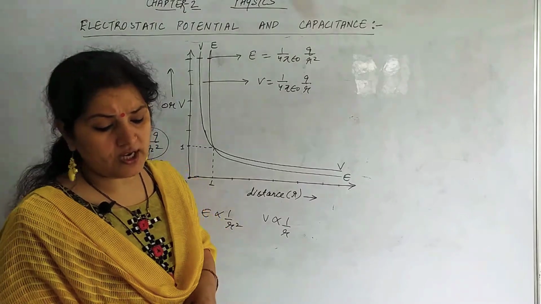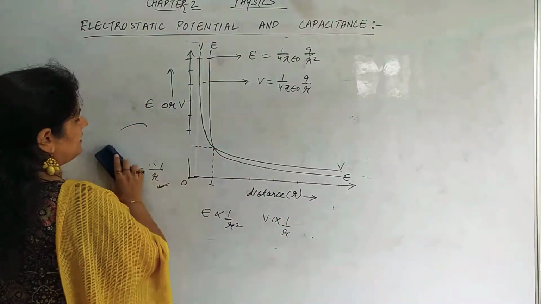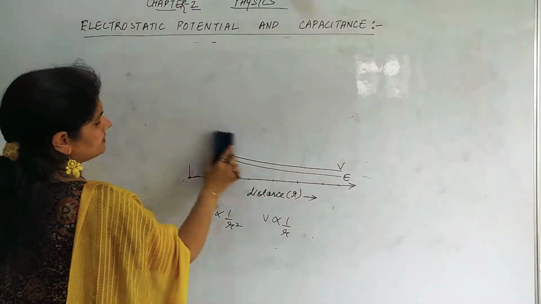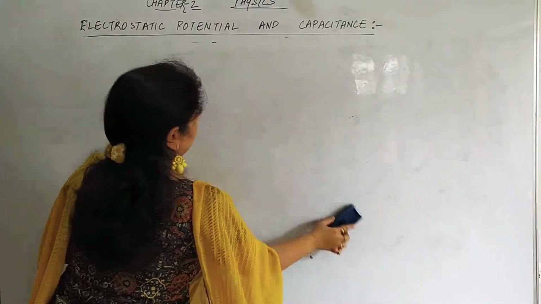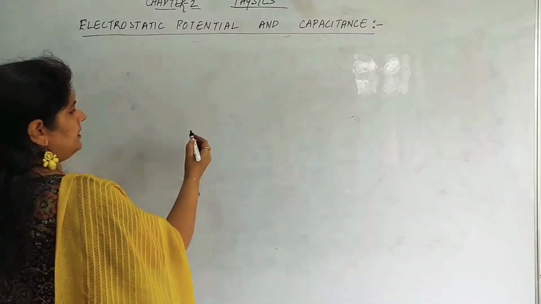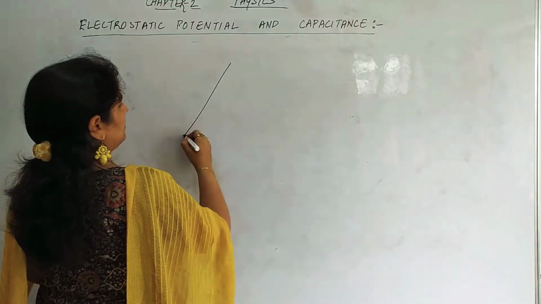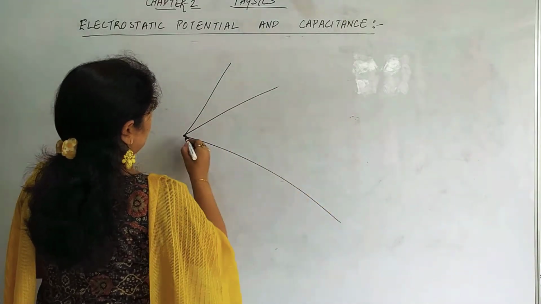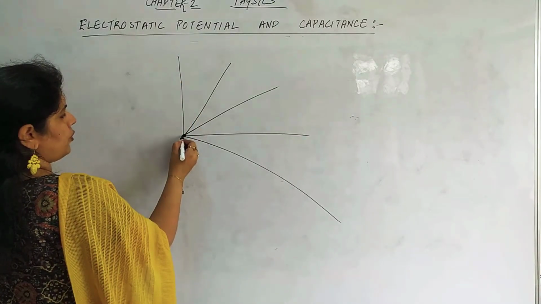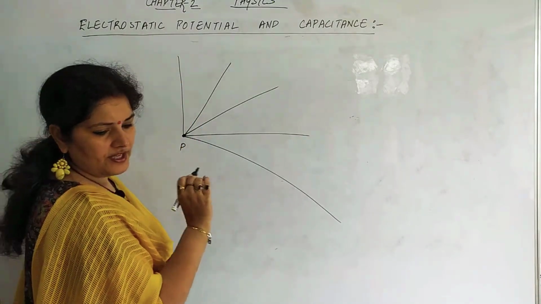So the net potential at any point, let us say there is a system of charges in which many charges are there at different distances. ये कोई point P ले लिया, right? This is a point P, and there are various charges.